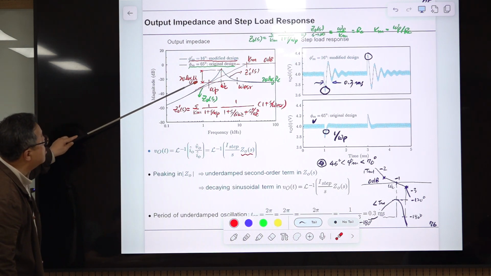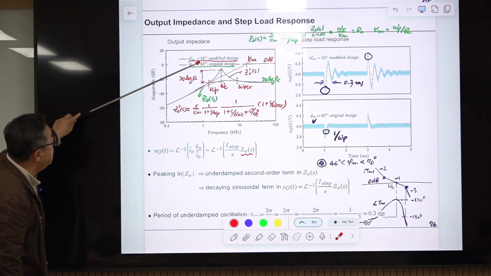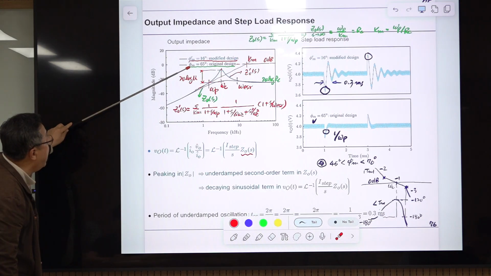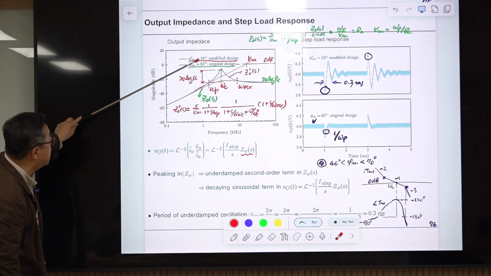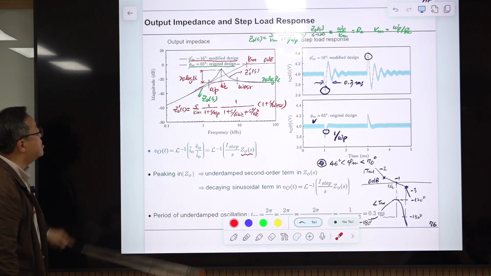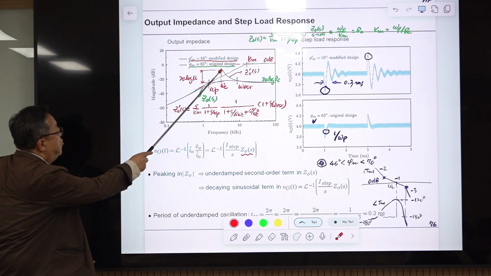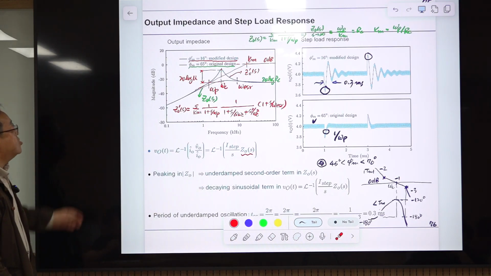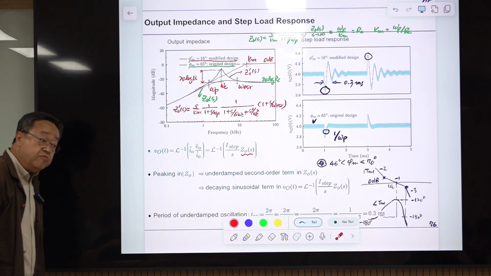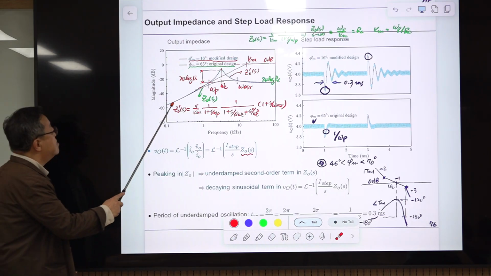This is the output impedance with 16 degree phase margin, and this one is the original design with 65 degree phase margin, which is the best possible design.